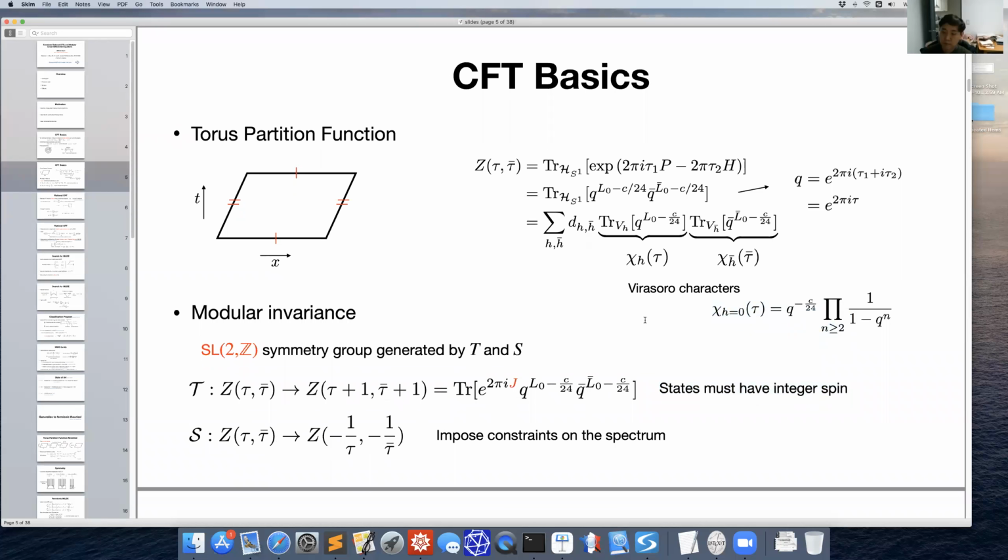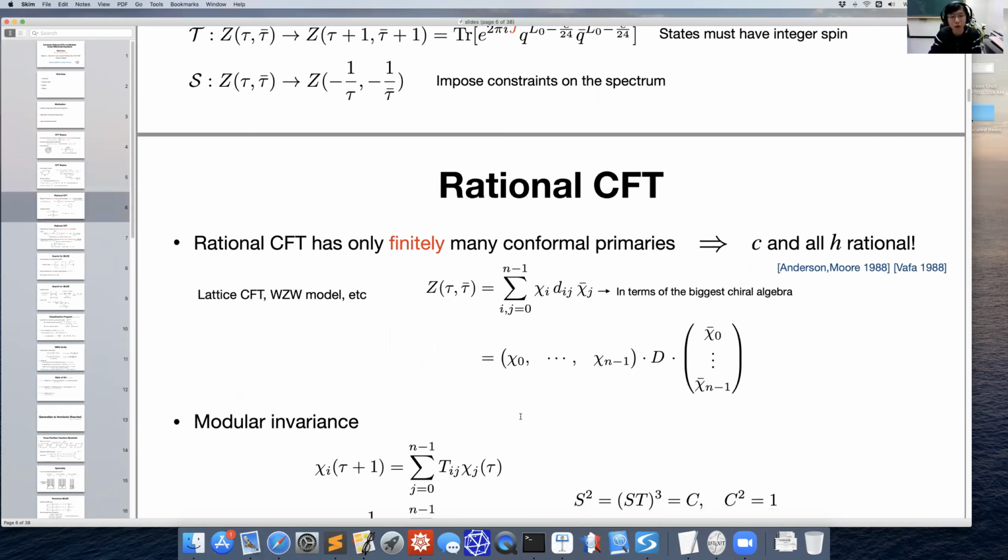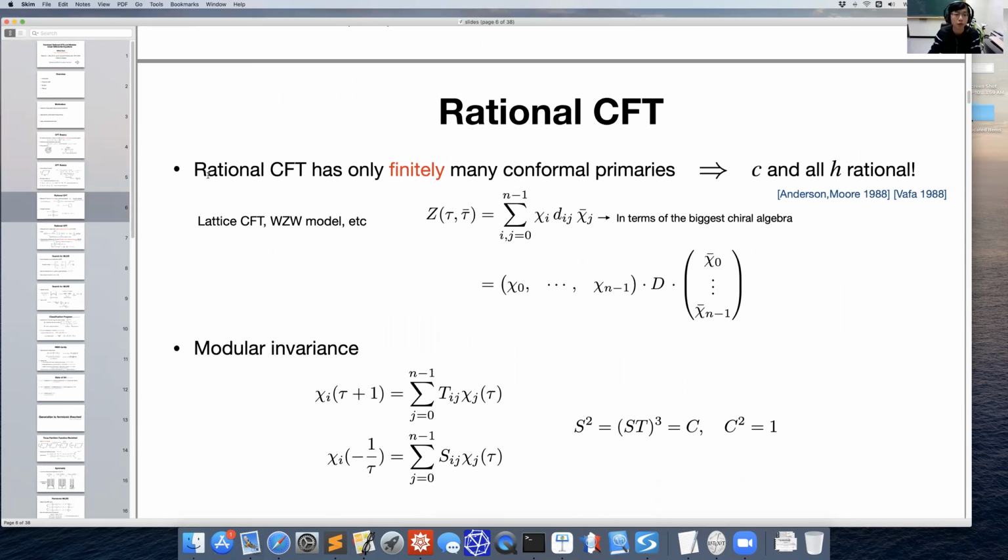Okay, are there any more questions? Okay, so let's continue. So the S transformation actually imposes constraints on the spectrum. For example, you can run the program of a modular bootstrap and try to constrain the possible spectrums appearing in the CFT. Okay, and now I move on to the rational CFTs. By definition, a rational CFT has only finitely many conformal primaries.